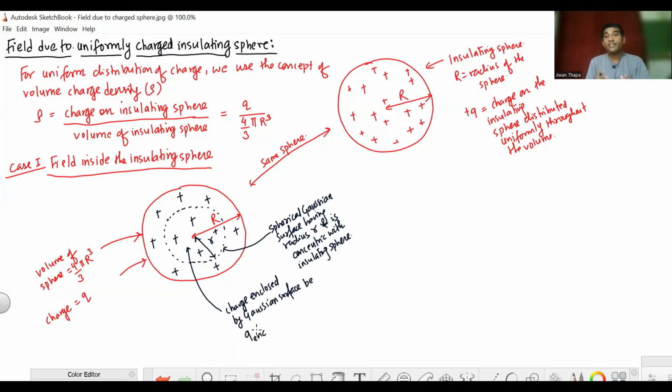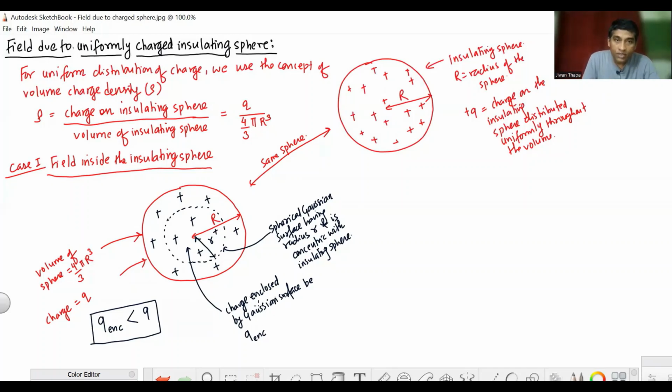This is the charge inside, or enclosed by, the Gaussian surface. And we find that the charge inside the Gaussian surface is less than the total charge on the insulating sphere. Clear? So we need to note this.